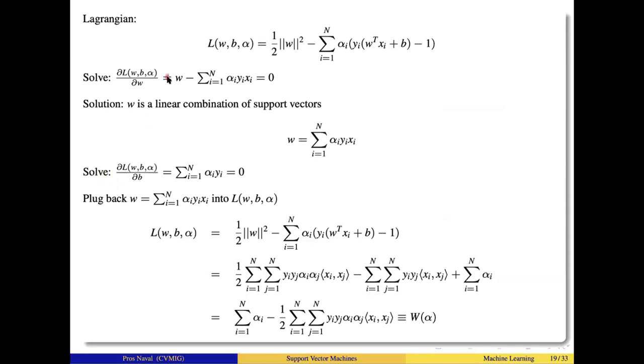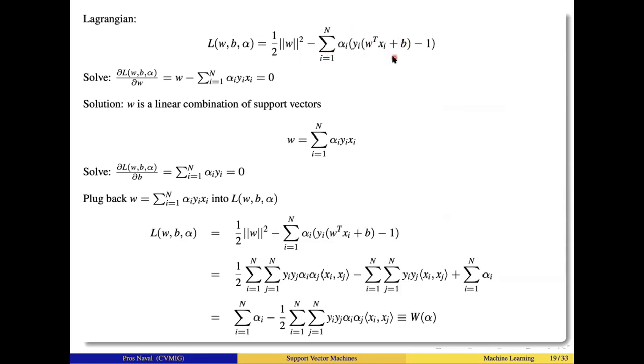Again, let's solve for b. Okay, so for b, we have the following. Differentiate the right hand side with respect to b. This does not contain b, so this thing will disappear. Now differentiate this with respect to b.